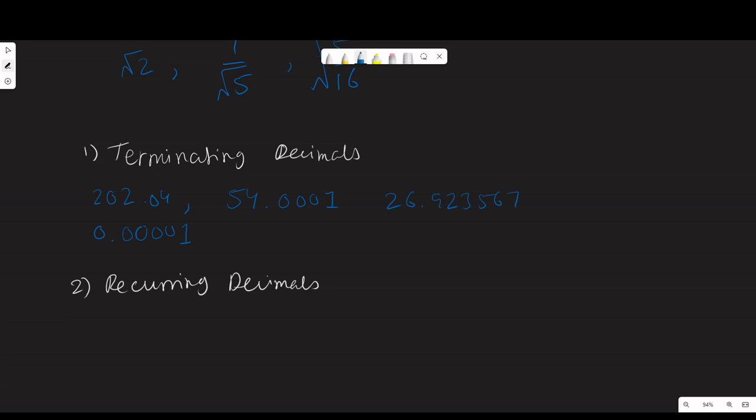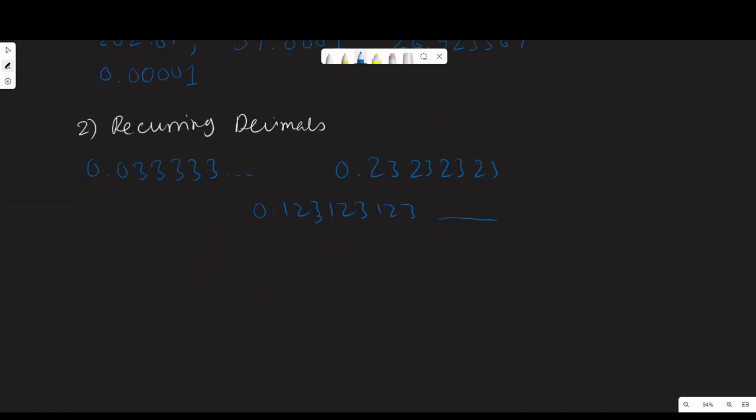And so every recurring decimal represents a rational number. Recurring decimals might look like this, and these go on and on. They may also look like this: 1 2 3, 1 2 3, 1 2 3, and so on. These are recurring decimals.